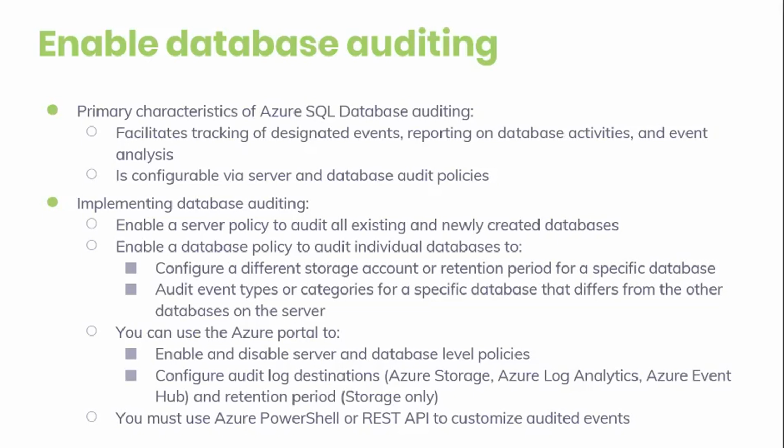Use preconfigured reports and a dashboard to get started quickly with activity and event reporting, and analyze reports that help identify suspicious events, unusual activity, and trends. You can define an auditing policy for a specific database or as a default server policy. A server policy applies to all existing and newly created databases on the server.